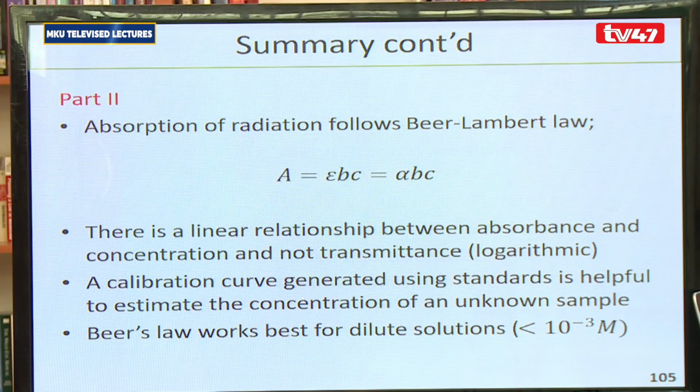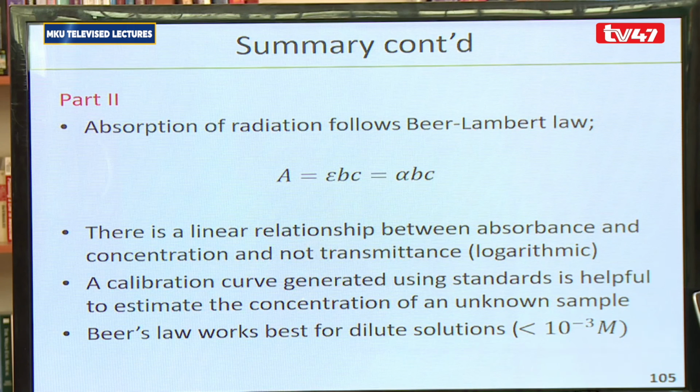For part 2, we also saw that the absorption of radiation follows the Beer-Lambert law. The Beer-Lambert law relates absorbance to concentration through molar absorptivity or absorptivity. And we also saw that the path length is a constant, because usually path lengths don't change unless otherwise stipulated.